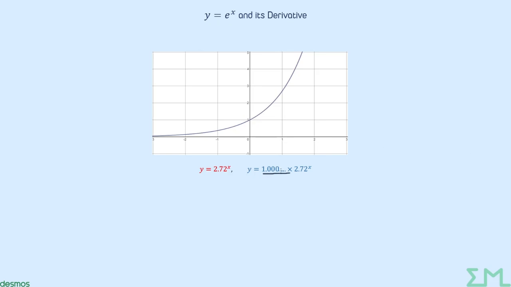I know it looks like 1 there, and that's because I haven't taken the exact value of e, I've just taken a rounded value. Therefore there are actually some decimal places lower down here, but it's close enough to 1, certainly for the graph to be very convincing that the function and its gradient are one and the same thing.